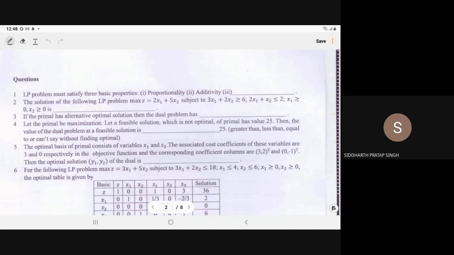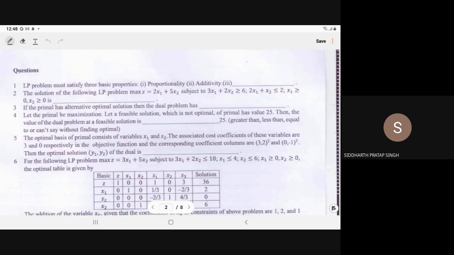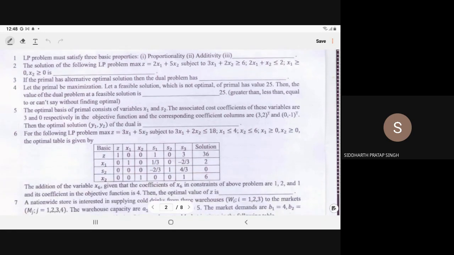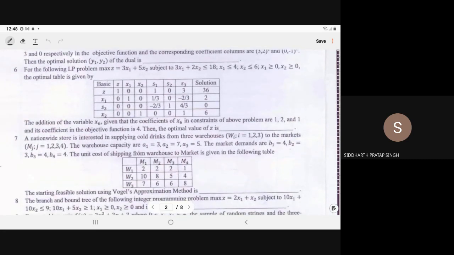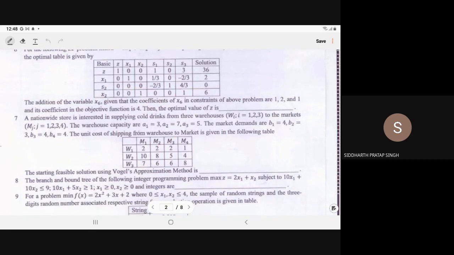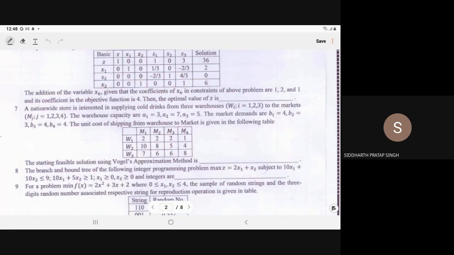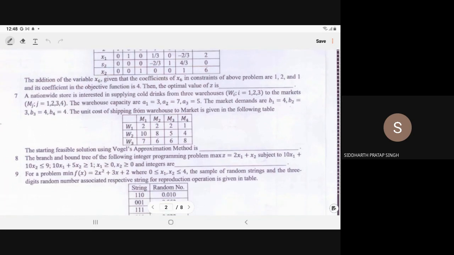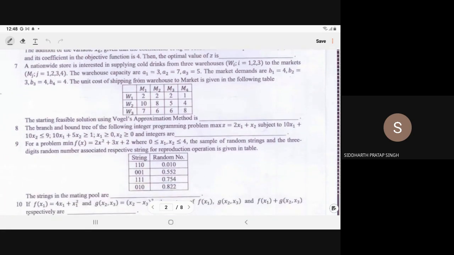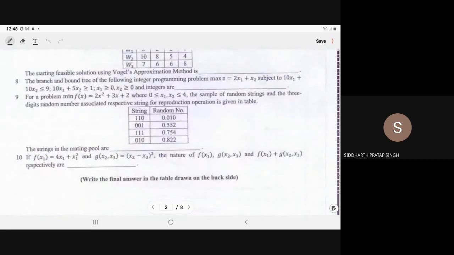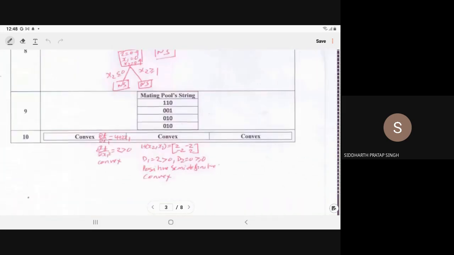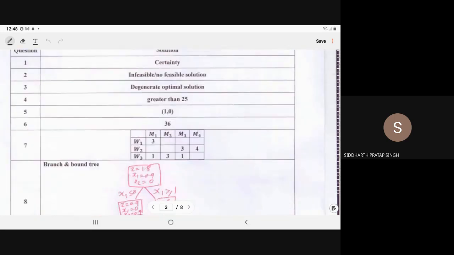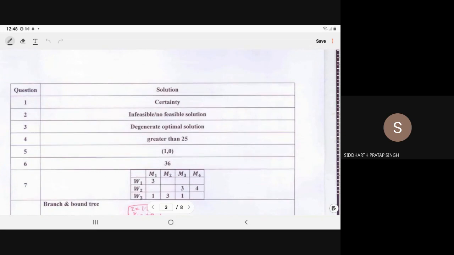These are the questions for the quiz. By pausing the video you can read these questions. And this is the solution.